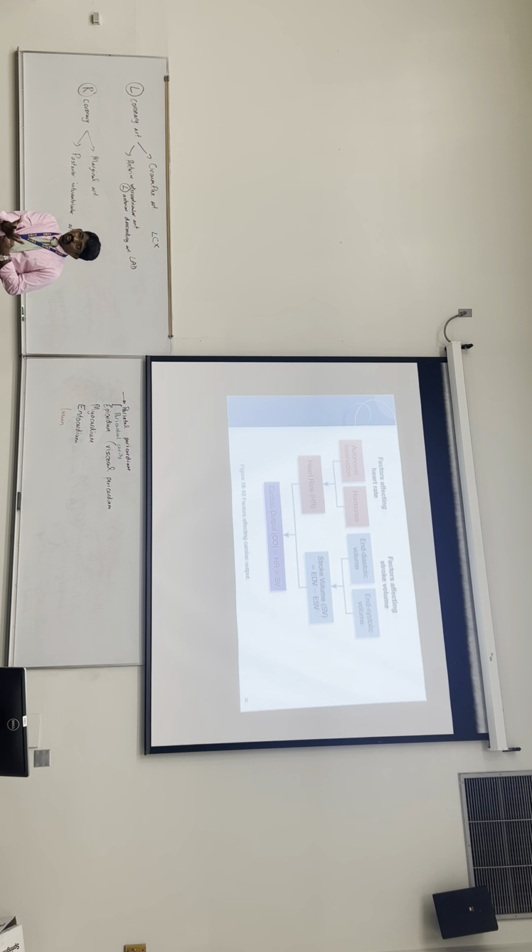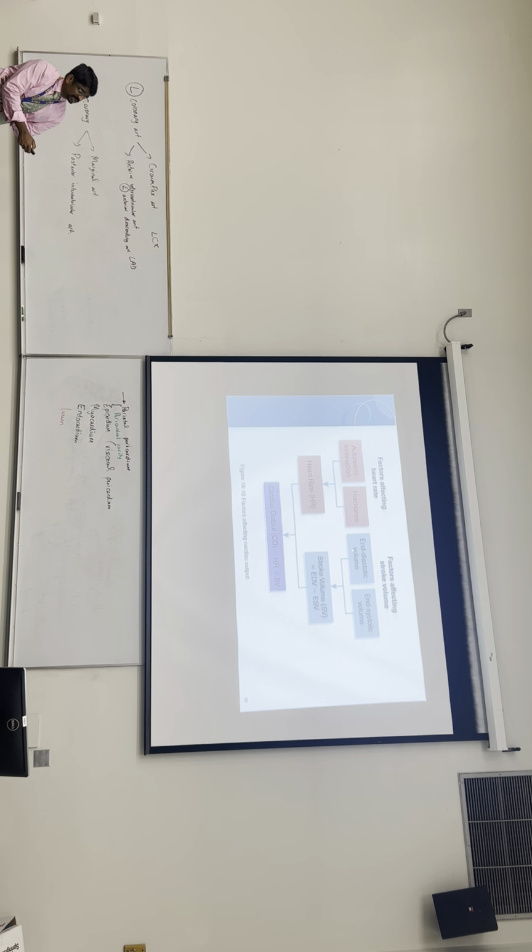Stroke volume is basically the difference between what was there before systole occurred and at the end of systole. So stroke volume equals end diastolic volume minus end systolic volume. If we change these, it will change stroke volume, and hence it can also change cardiac output, right?